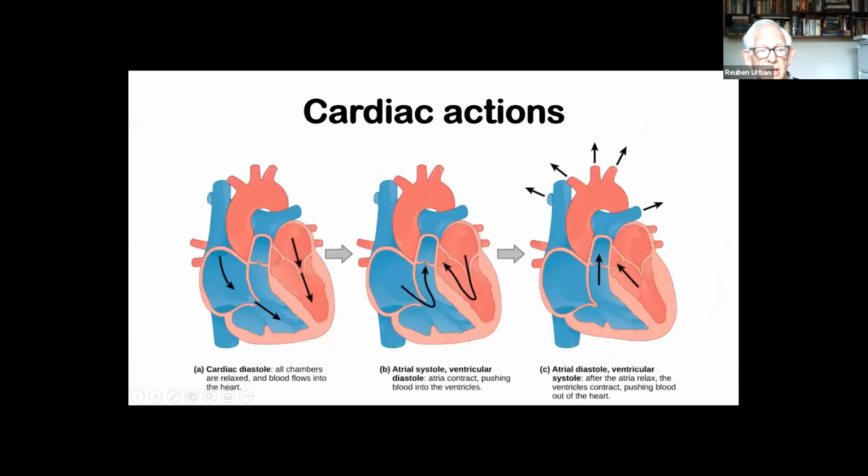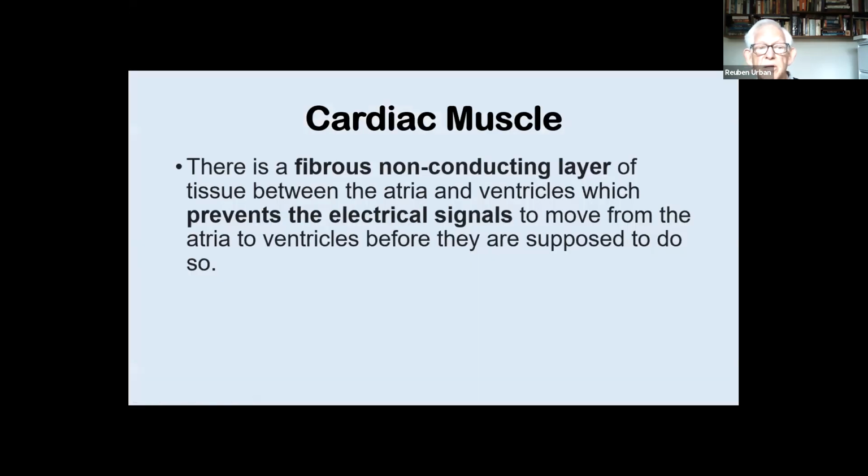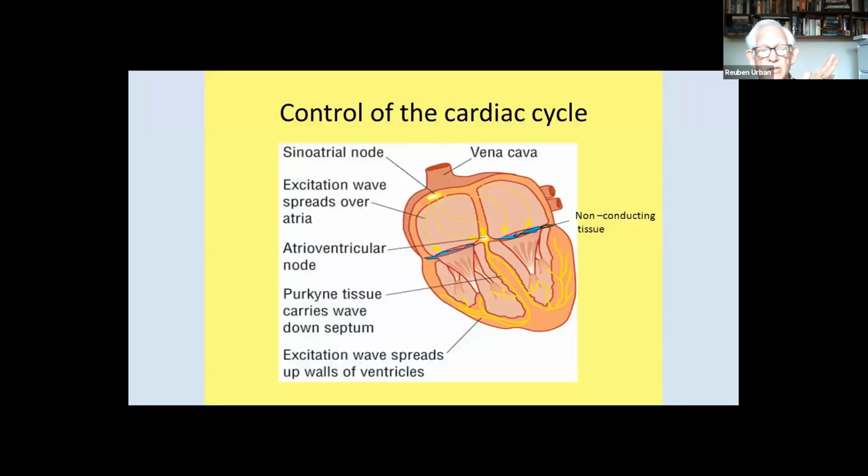And that's where we are now, because there's a fibrous, non-conducting layer between the atria and the ventricles. Okay, they're insulated electrically, and so when the atria contract, the ventricles don't. They have to wait a fraction of a second.